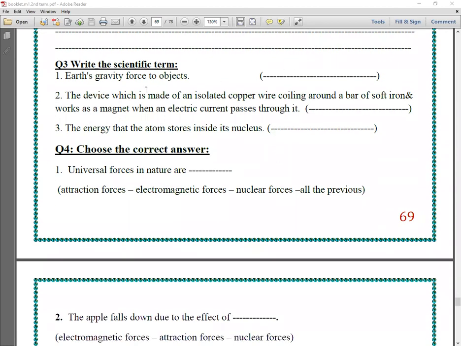Write the scientific term for the Earth's gravity force on objects. This is called gravitational force.